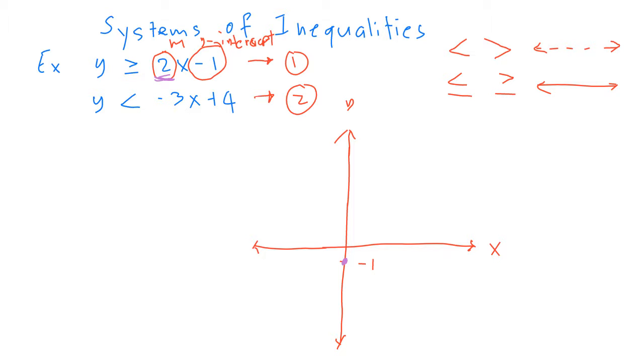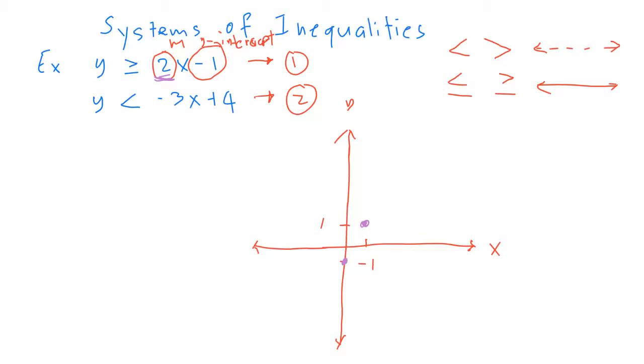We count 2 units going up because our slope is positive, so 1, 2, and then we move 1 unit to the right. So our point is somewhere here. That's our second point.